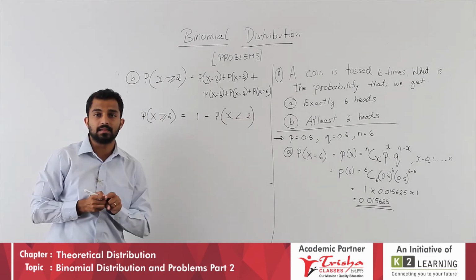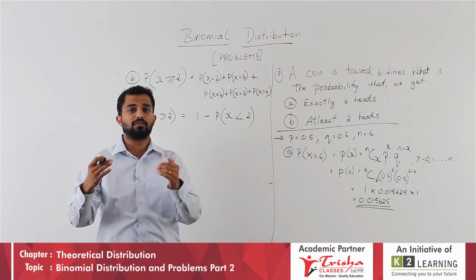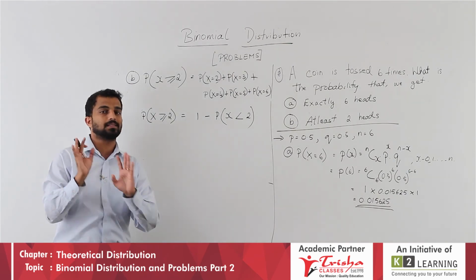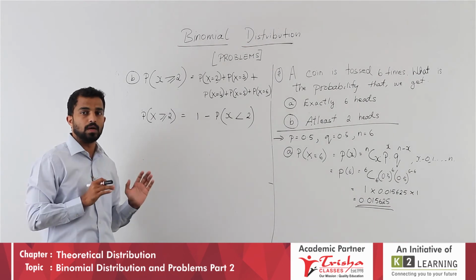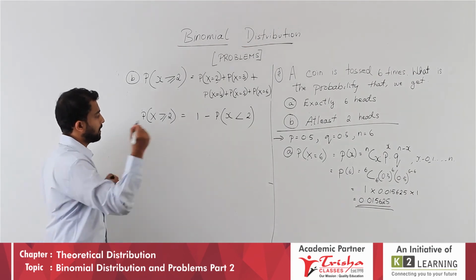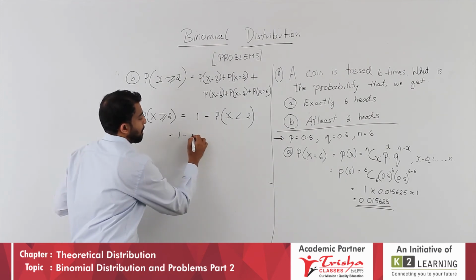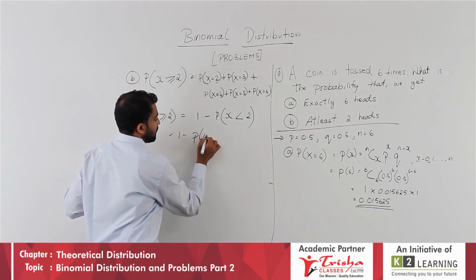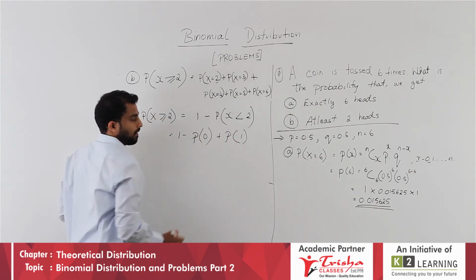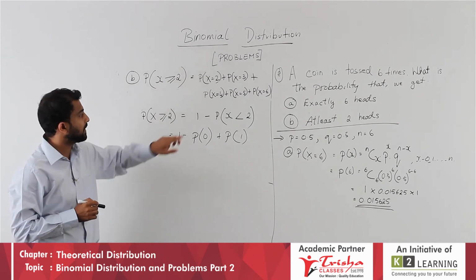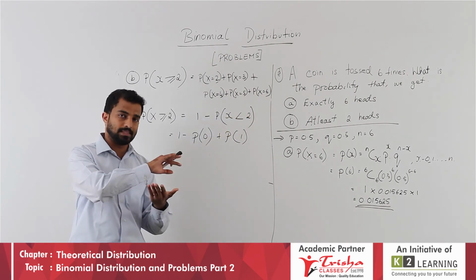Instead of finding at least 2 heads, that is 2, 3, 4, 5, 6, we will do 1 minus less than 2 heads, and we will get the same thing. That is nothing but 1 minus P of 0 plus P of 1, because we started with at least 2, which is 2, 3, 4, 5, 6. We will do the opposite way now.